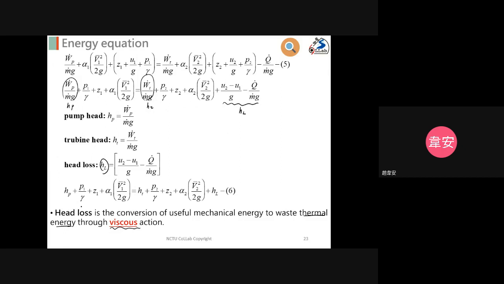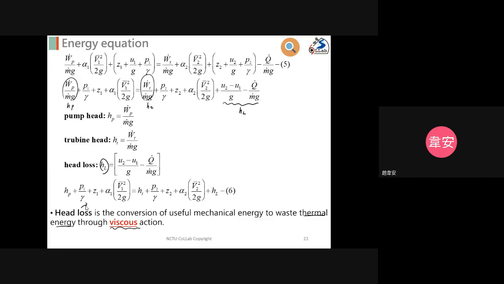It's similar to the solid mechanics, where we know that the frictional force will generate heat energy dissipation.